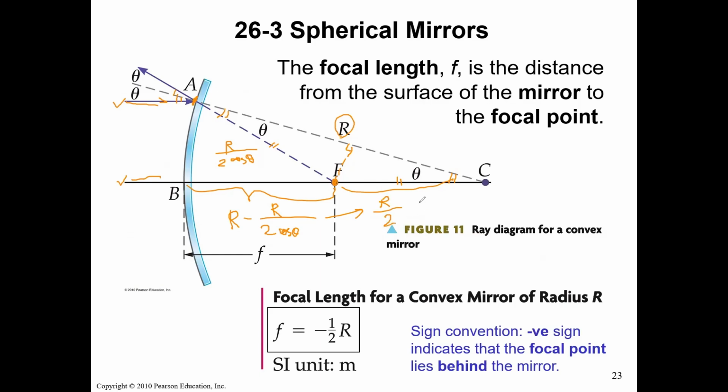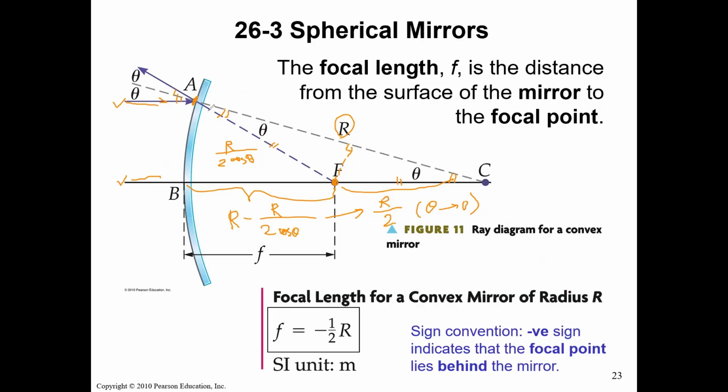And that is a fixed value for small theta. So if we have parallel rays going towards this spherical mirror, they will be reflected. The reflected light will diverge.